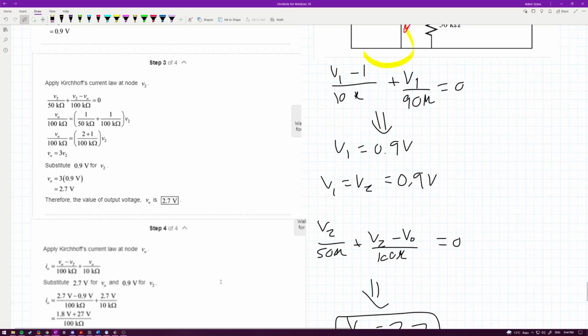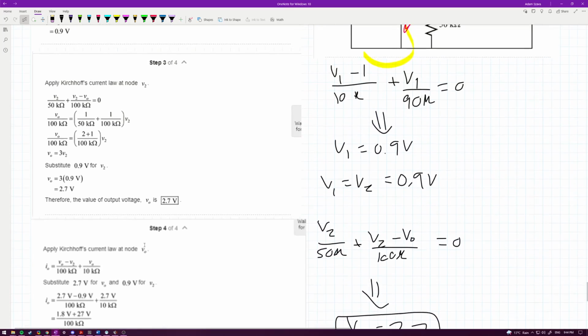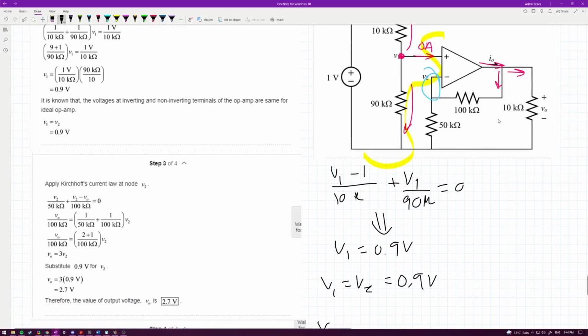Let's see, how did they do it? They did it by KCL, and then they just substitute in the values and solve. Essentially they say I naught is equal to this current plus this current. So I naught is equal to VO minus V2 over 100K plus VO over 10K.